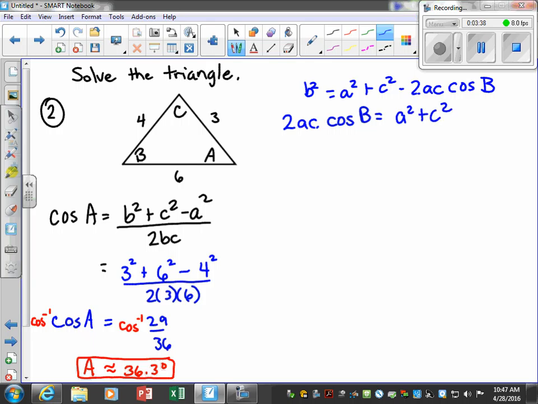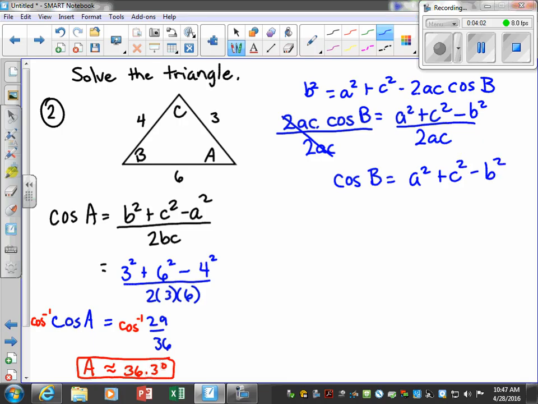A squared plus c squared is already on the right side, I want to move this term over there, so it's going to be minus b squared. Our goal is to get cosine of B by itself, so I divide both sides by 2ac. Cosine of B is equal to a squared plus c squared minus b squared all over 2ac.